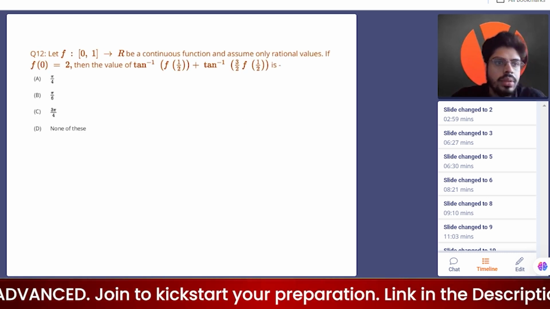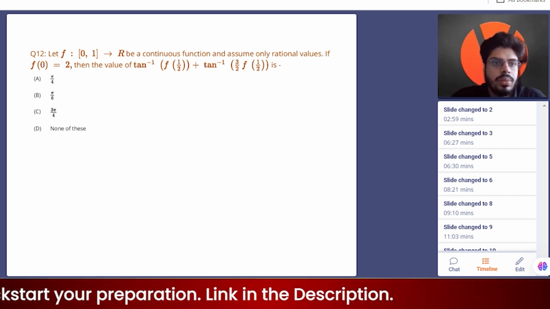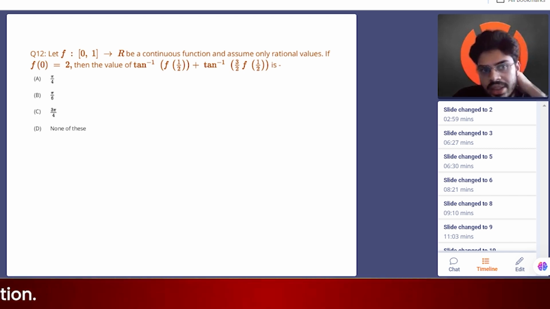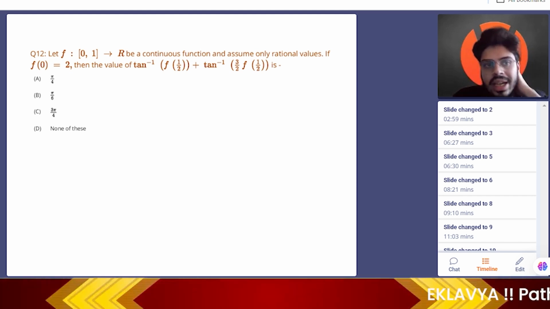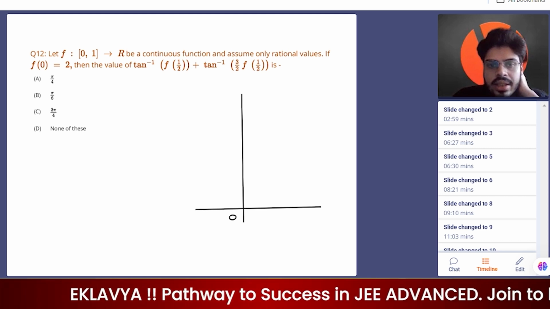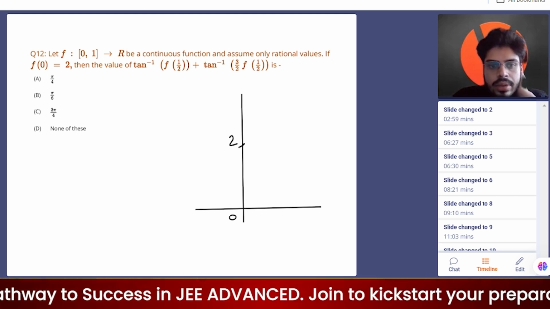Let us move to the next question. Question number 12. So this function is a continuous function and assumes only rational values. F0 is 2.